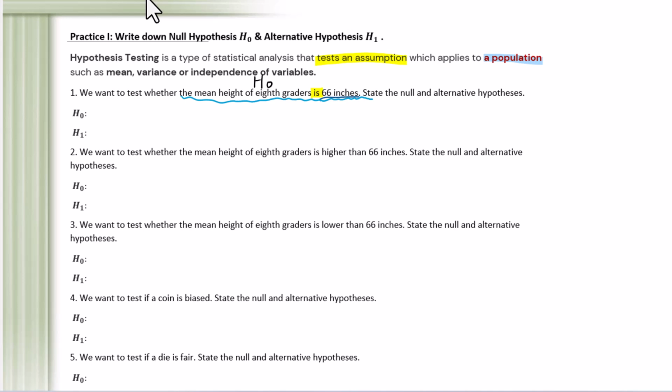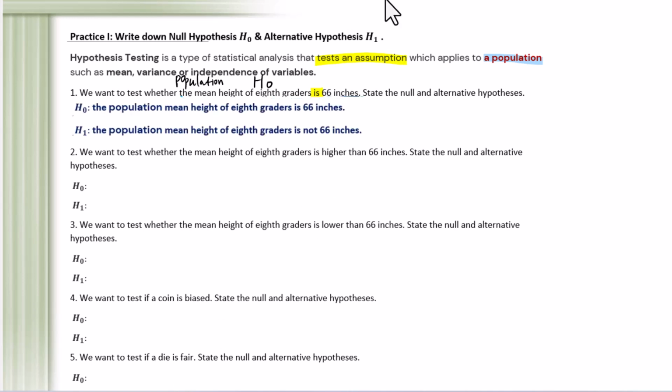Since we are testing on the mean, you need to add population mean. Then H1 will be the opposite. H0, the population mean height of 8th graders is 66 inches. H1, the population mean height of 8th graders is not 66 inches.